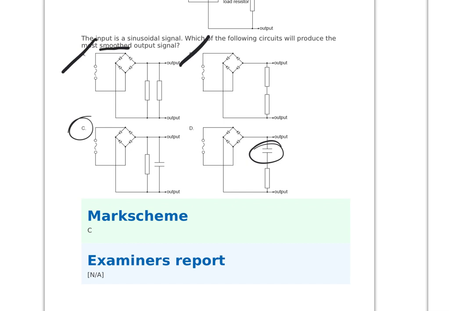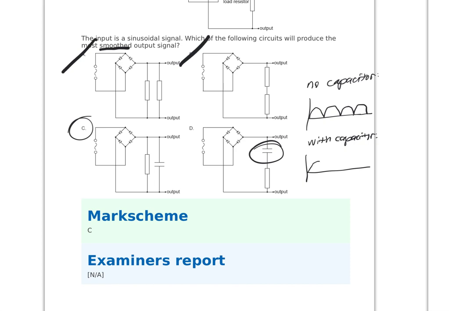Basically, without the capacitor there, you're going to get a graph that looks like that. But with the capacitor, it smooths it out.